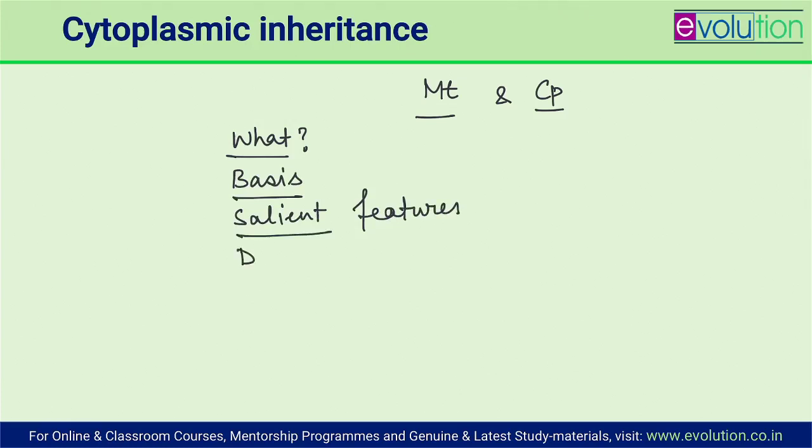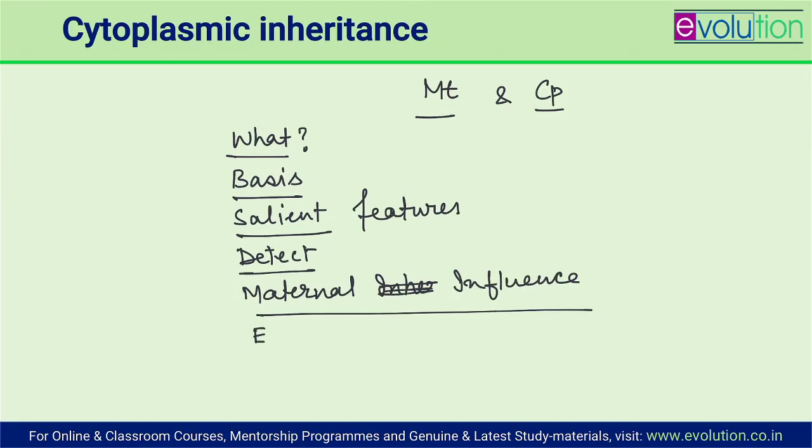How do we detect a case of cytoplasmic inheritance? How does it differ from maternal inheritance? Not maternal inheritance, I'm sorry, maternal influence. Then examples from the plant world.